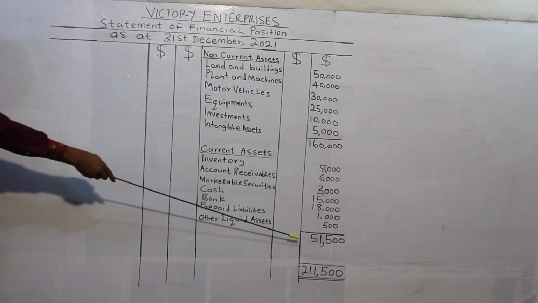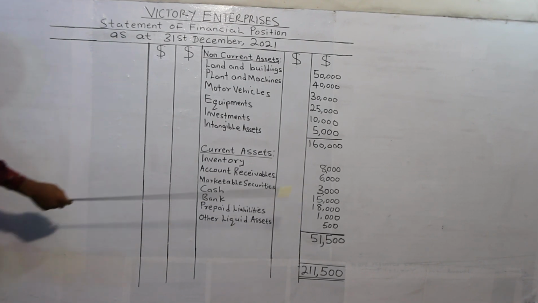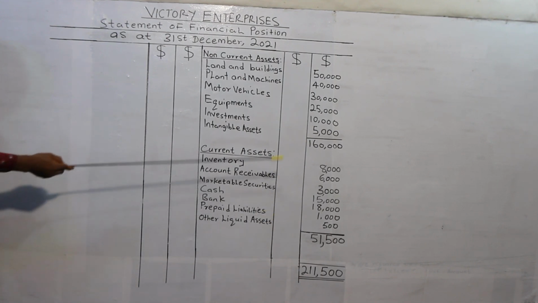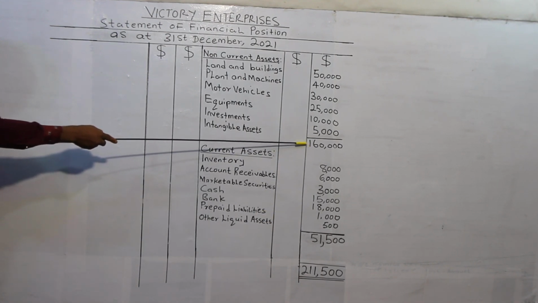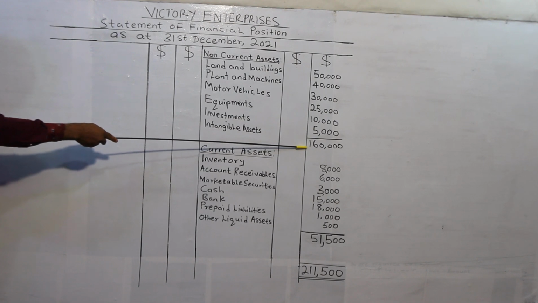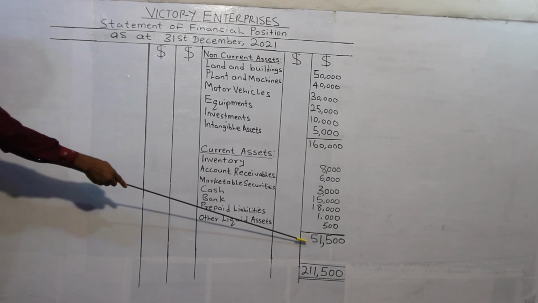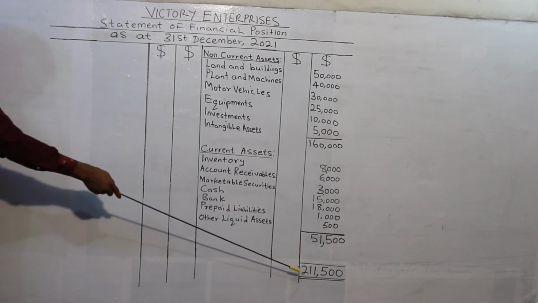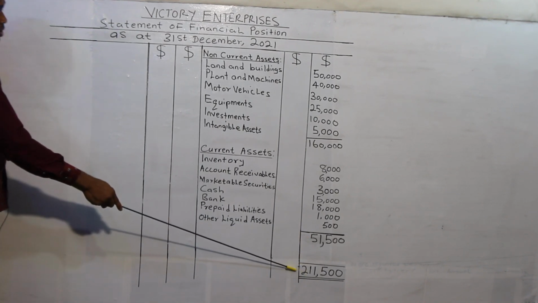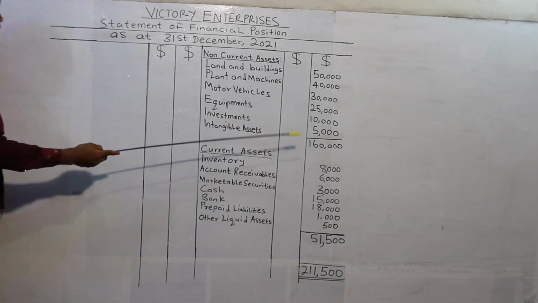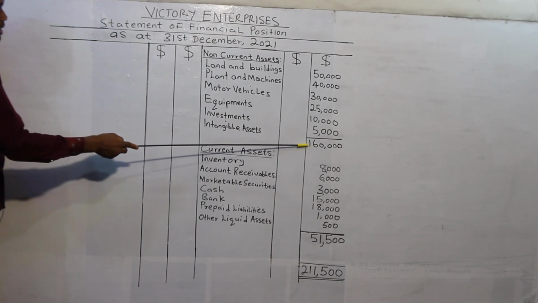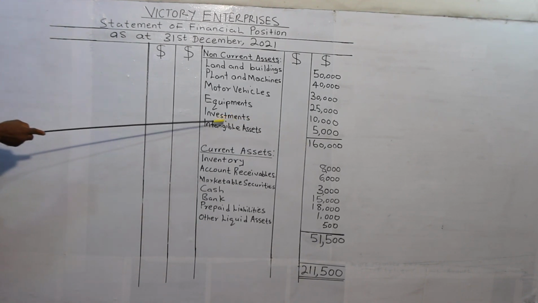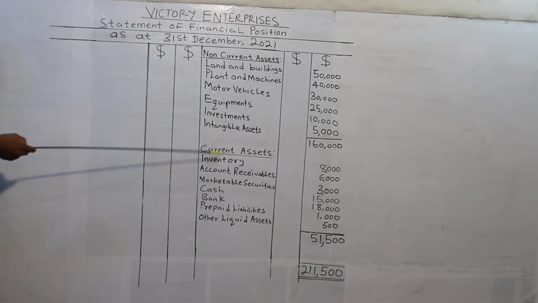That gives us $51,500. Now, if we add the non-current assets 160,000 plus current assets 51,500, it gives us $211,500. Remember that in adding the non-current assets here, we included investments and intangible assets.